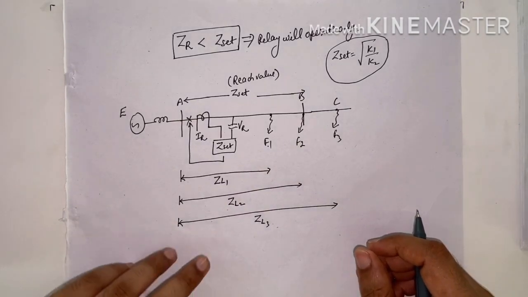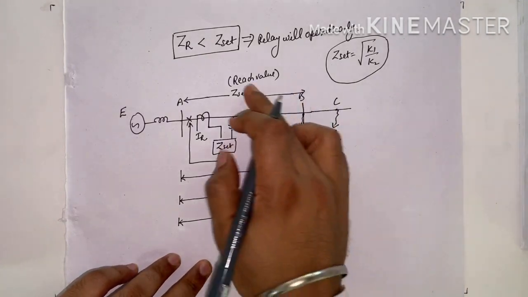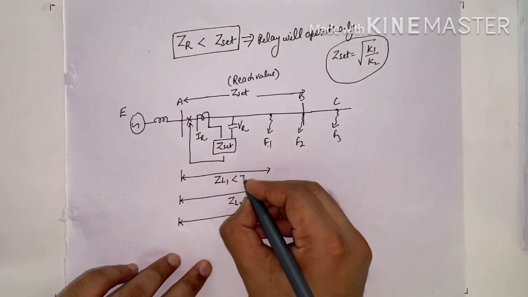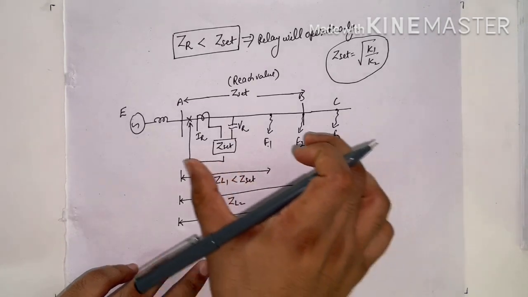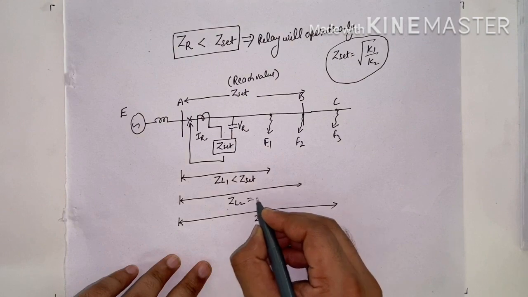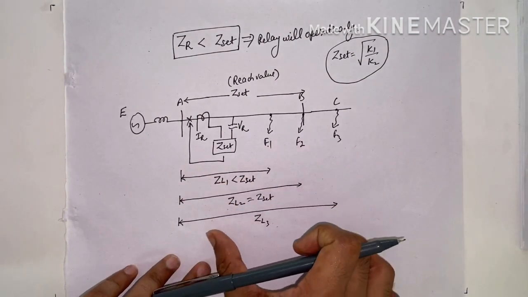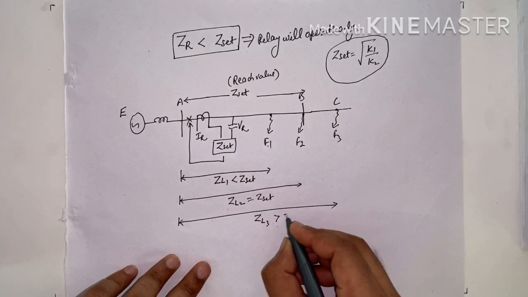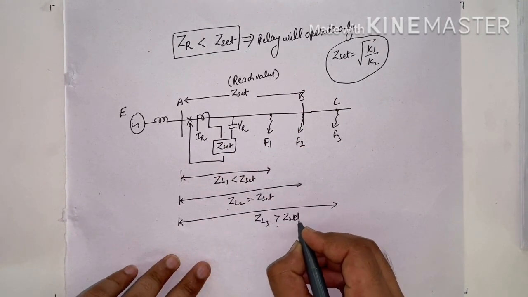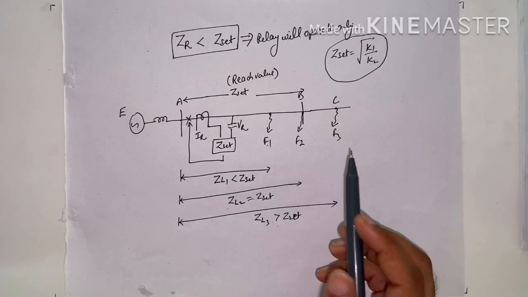Now we will see the value of ZL1 is less than Z set. In this case the value of ZL2 is exactly equal to Z set, and in this case the value of ZL3 is greater than Z set. So the relay will not work in these two cases except the first case.